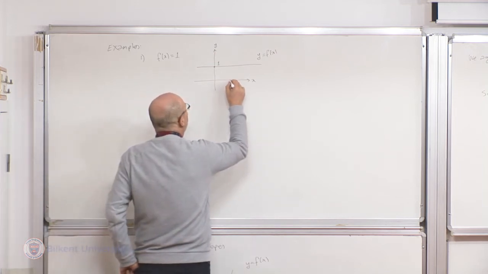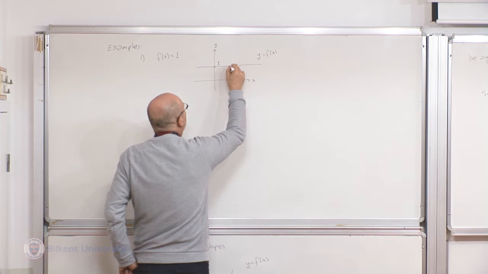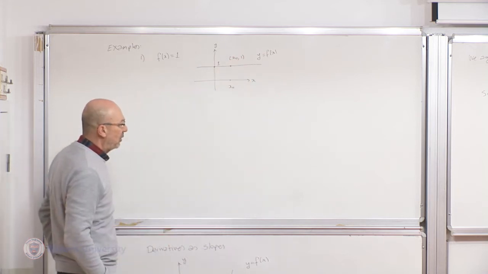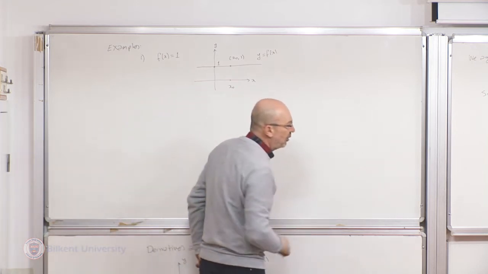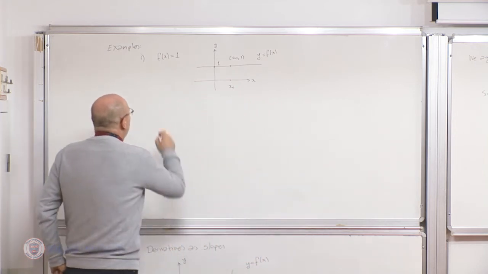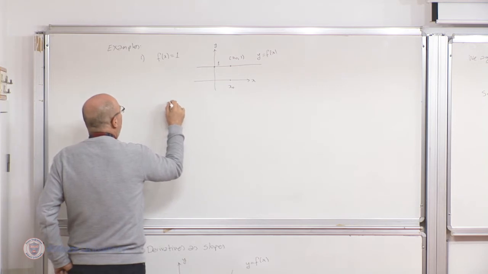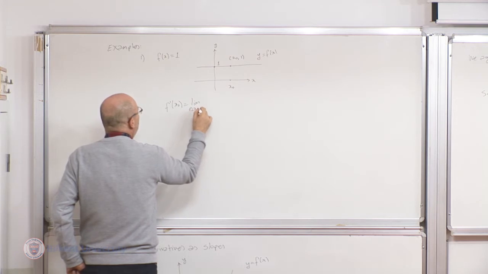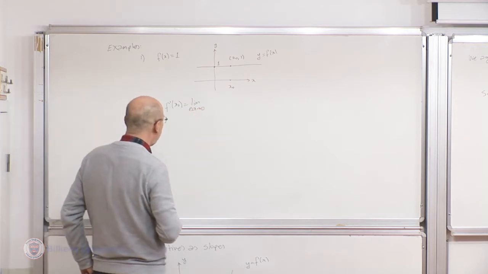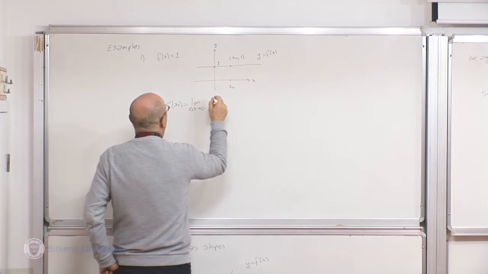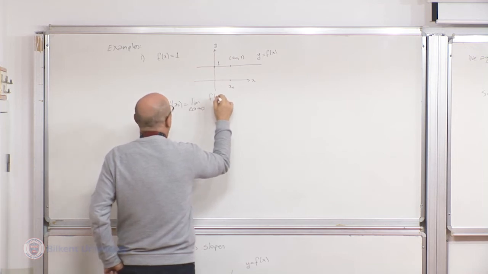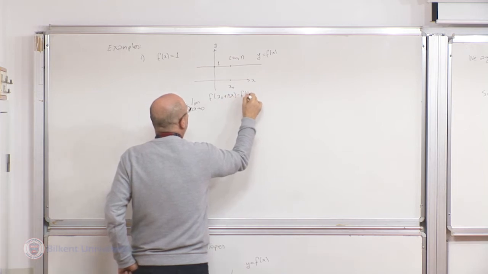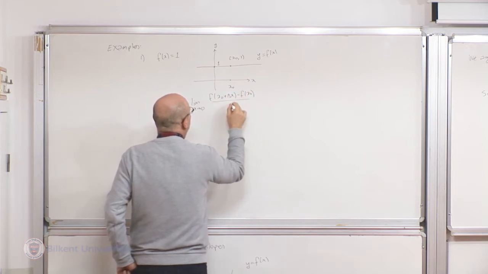Let's say we have x sub 0 here. So this point is x sub 0, 1. f of x sub 0 is 1. So we have to calculate the derivative. f prime at x sub 0 is equal to the limit as delta x goes to 0 of f of x sub 0 plus delta x minus f of x sub 0, divided by delta x.